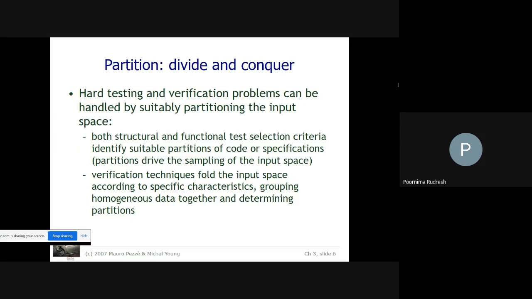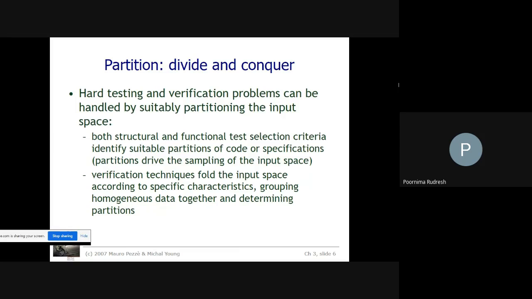Here in the divide and conquer, the larger or complex system, or the entire project, is divided into a number of different smaller modules, and each module is treated independently, and each module is designed and developed independently. Once everything is done, finally we are integrating or combining all the independent modules, and that leads to a single larger system or the entire project. Okay, so that is the case, and that is called divide and conquer.